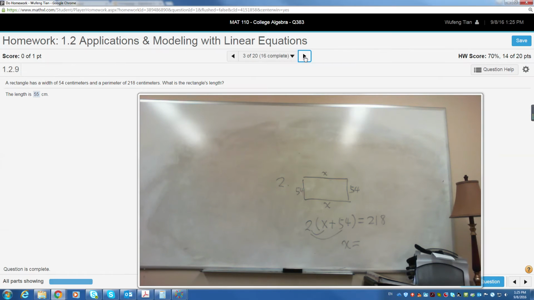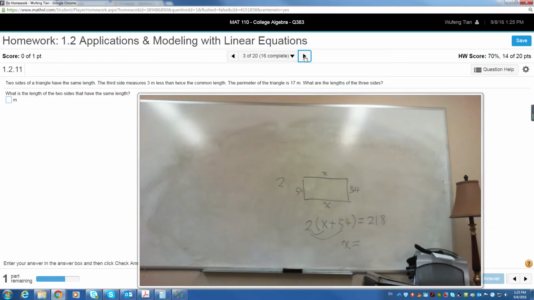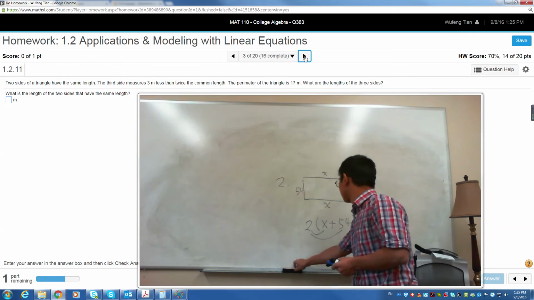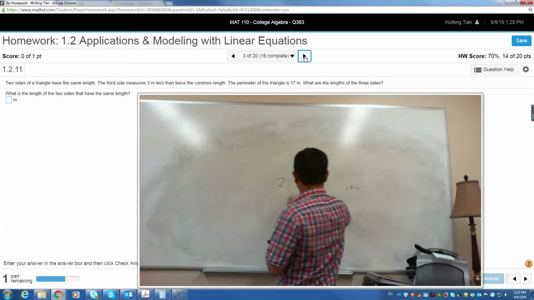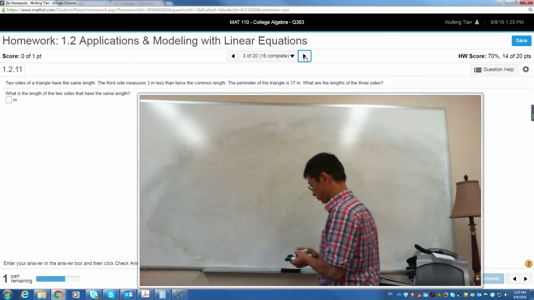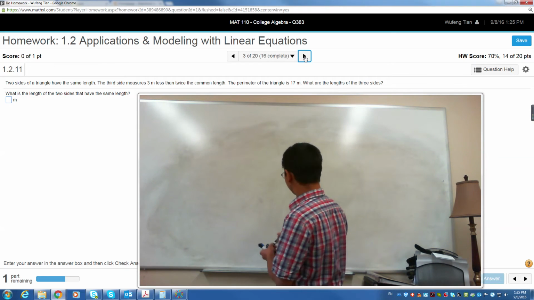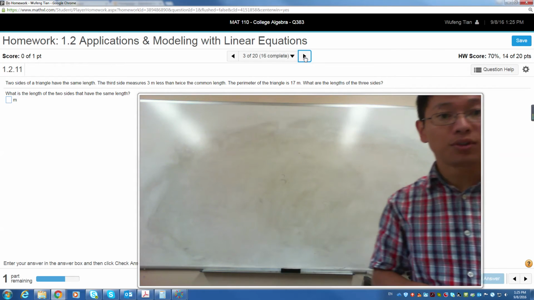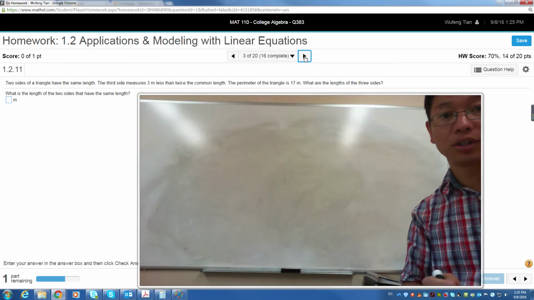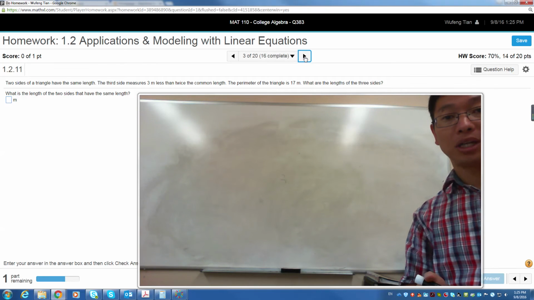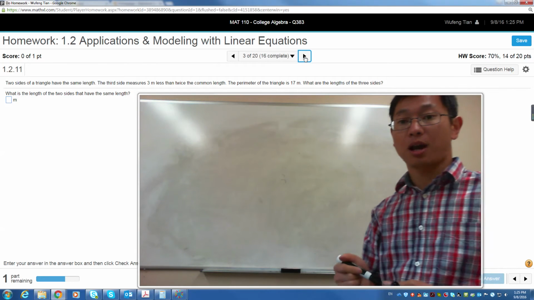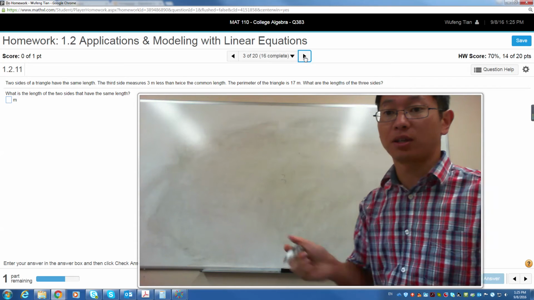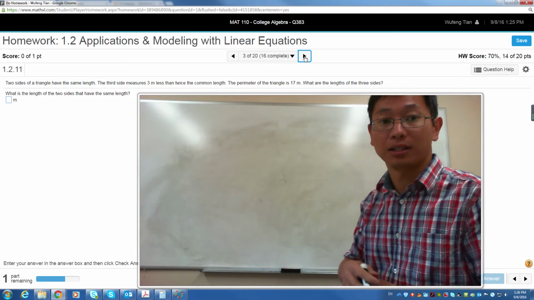And then you solve for x for this one. Number 3, two sides of a triangle have the same length. The third side measures 3 less than twice the common length. The perimeter is 17. What are the 3 sides?